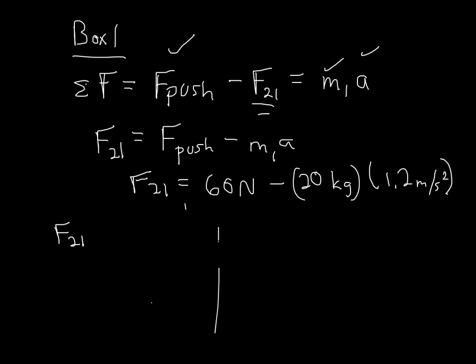So F of 2 on 1 is equal to 36 newtons. Any questions on that? That would be the push going to the left. That's the push going to the left that box 2 exerts on box 1.